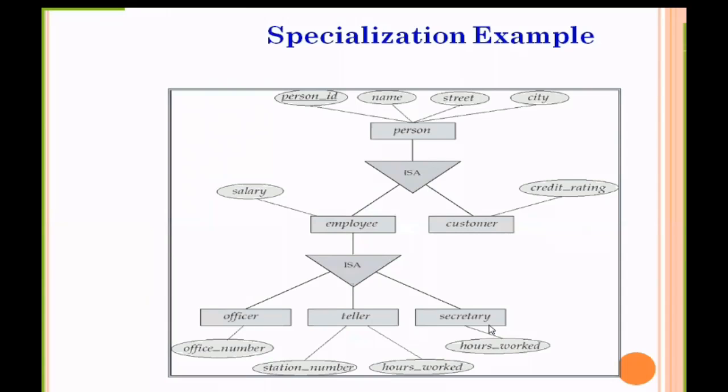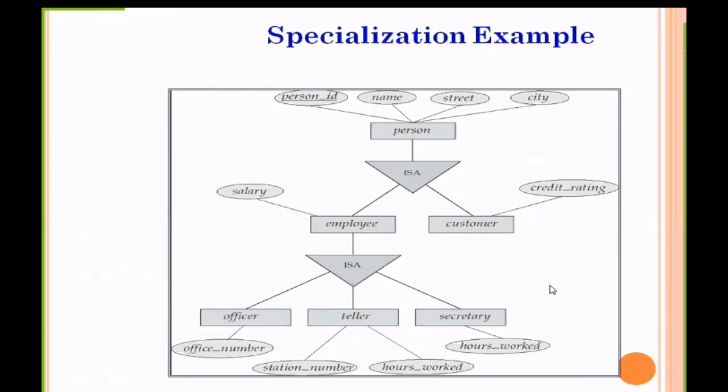We are understanding this concept with the help of the class concept. Customer and person are both classes which we have made, but the customer class is inheriting the properties of the person class. That means the customer class will have all the properties like person ID, name, street, city, but because we are making the customer class special, we add an additional property like credit rating.